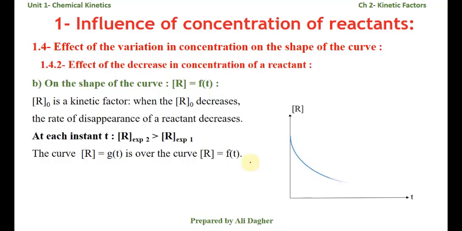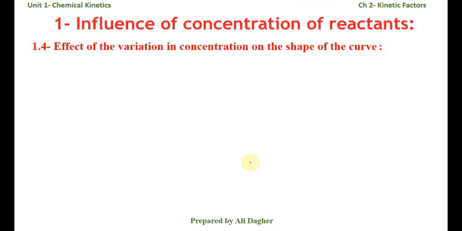On the graph, this is the curve concentration of reactant equal Ft. The new one is above the old one. This is the effect of the variation in concentration on the shape of the curve.